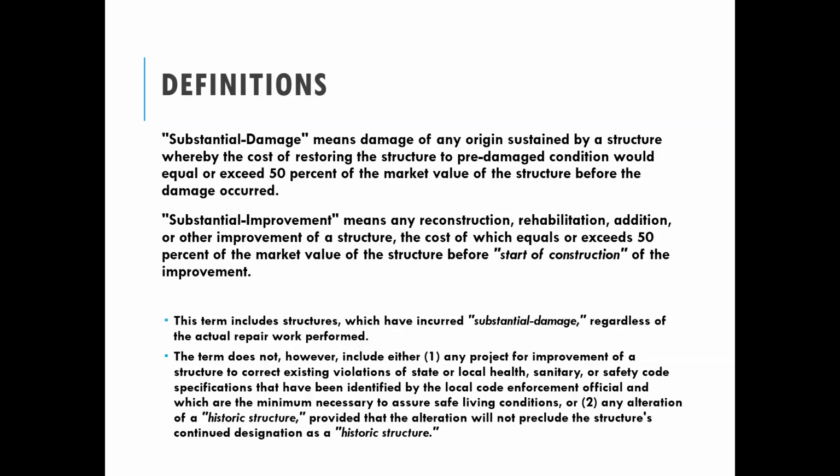And then there are, for historic structures, historic structures just kind of have their own exemptions to rules sometimes, but basically any project for improvements to correct violations and all of that, basically just making sure it stays a historic structure. We don't deal with that too much.